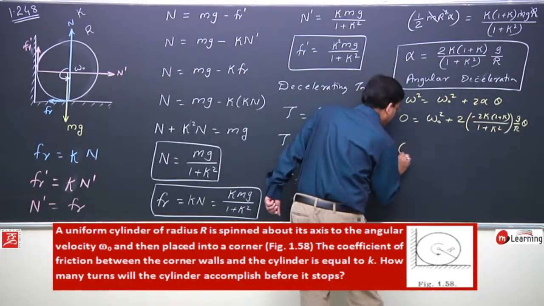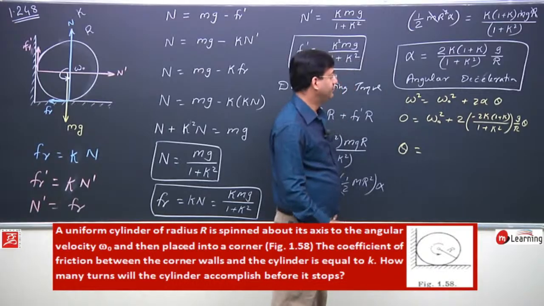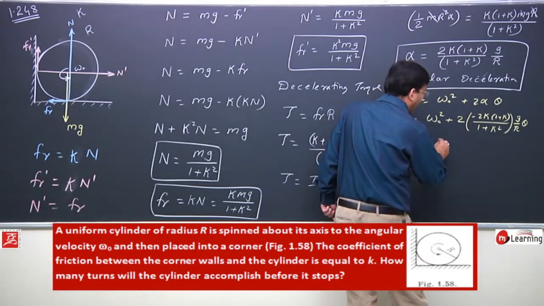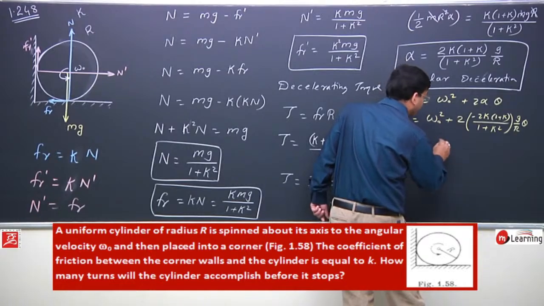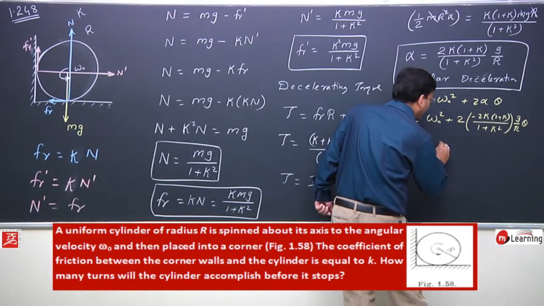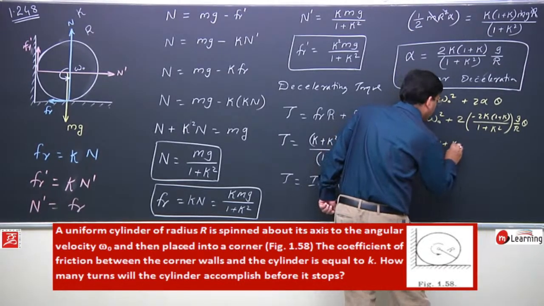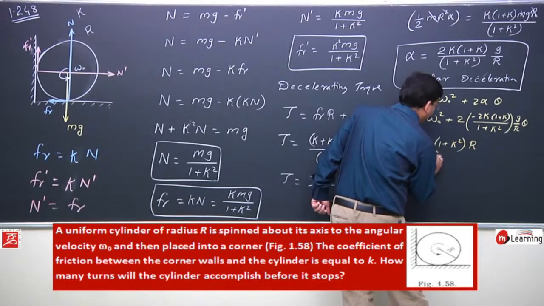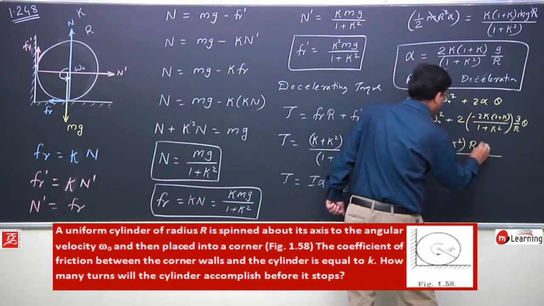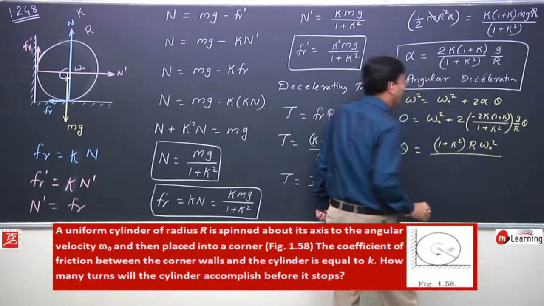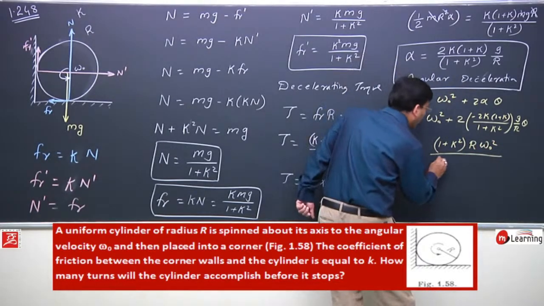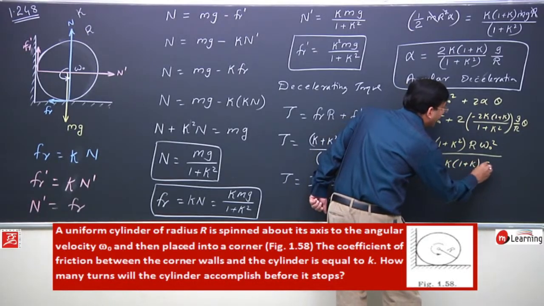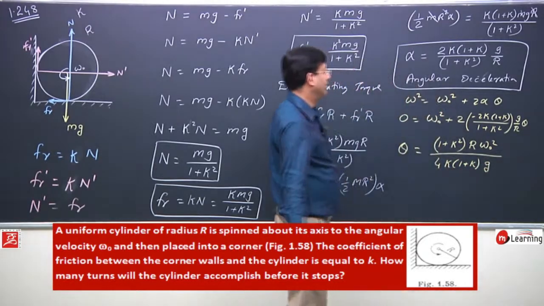So theta, this angular displacement before it stops, comes out to be 1 plus k square into r into omega naught square upon 4k into 1 plus k into g.